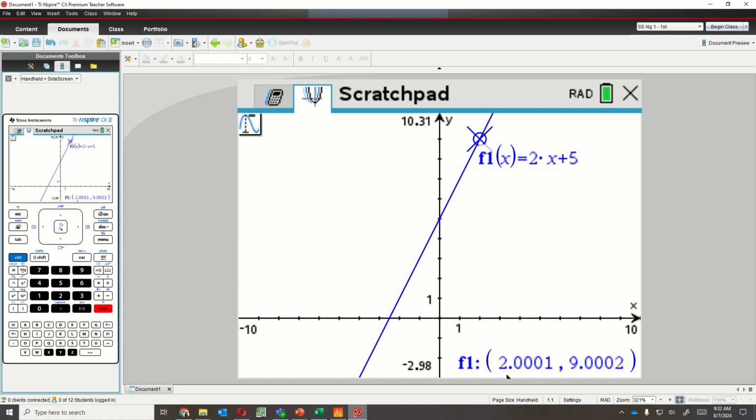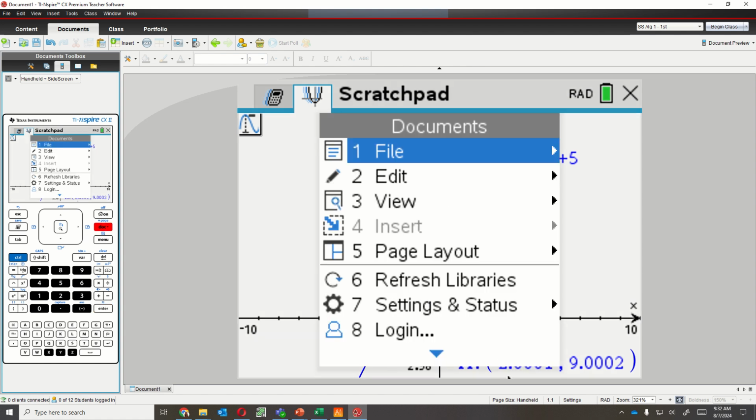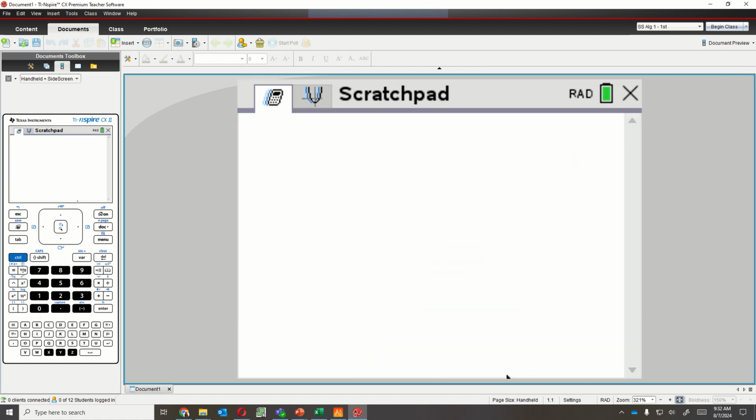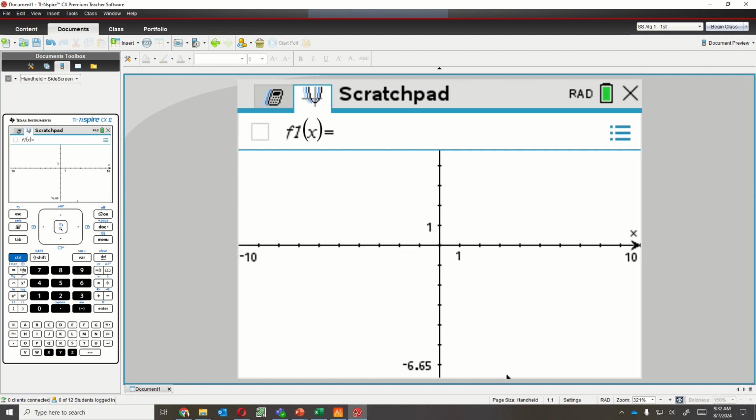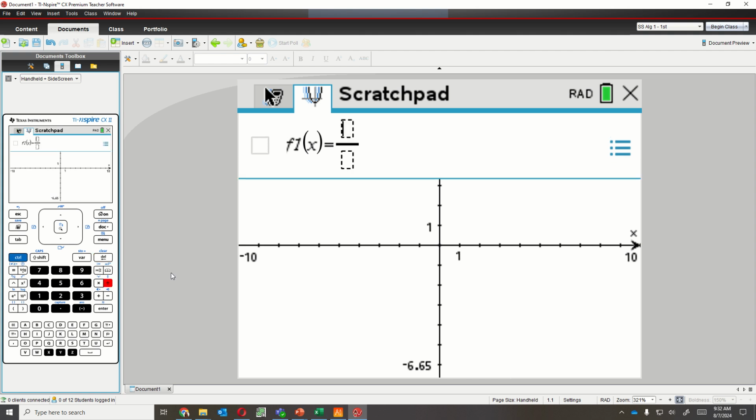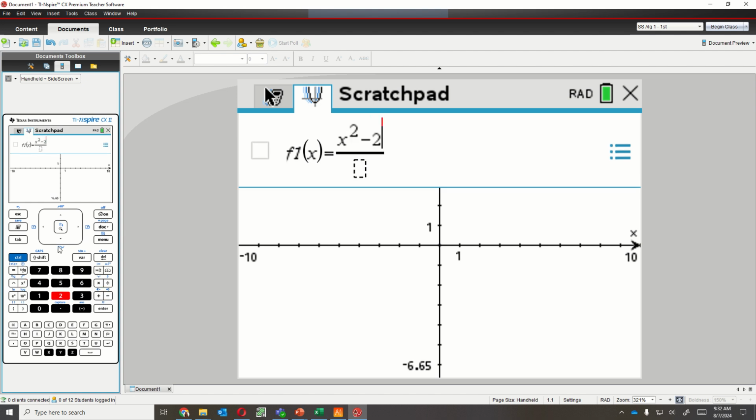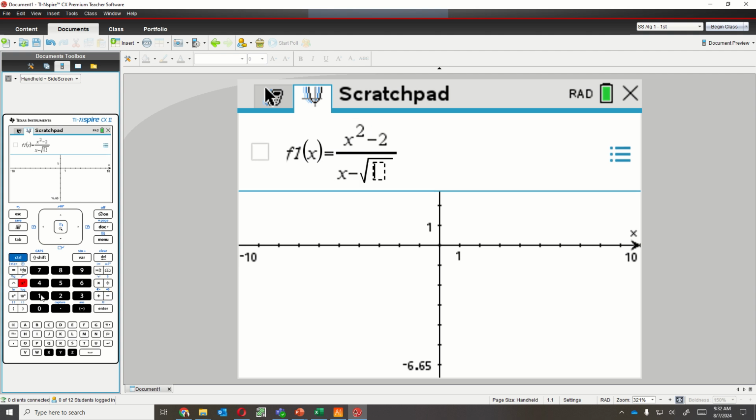So my warm-up problem said, I'm just going to clear this out. So Doc B and control divide, dang it. I've got to use a keyboard for this, sorry. That one was x squared minus 2 over x minus radical 2, right?